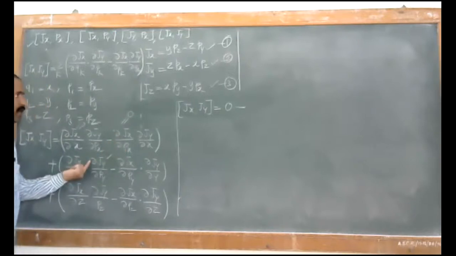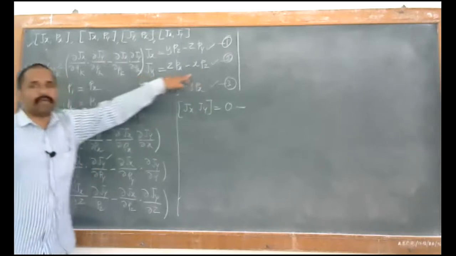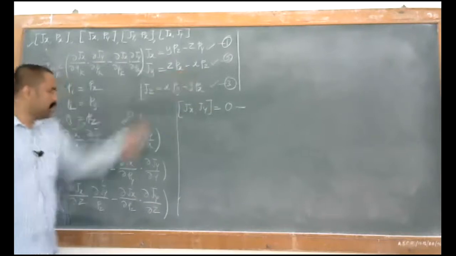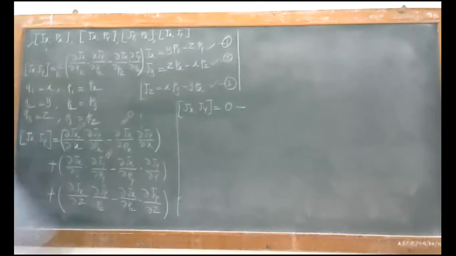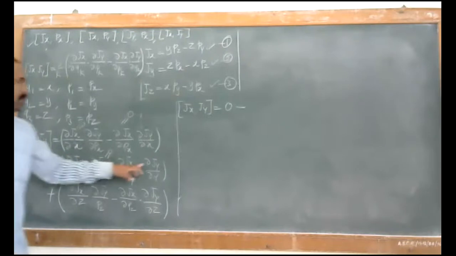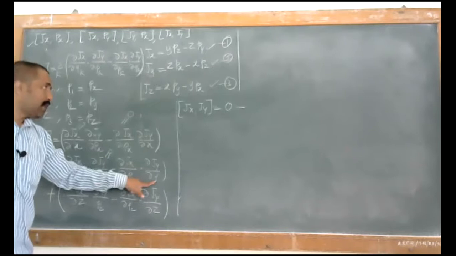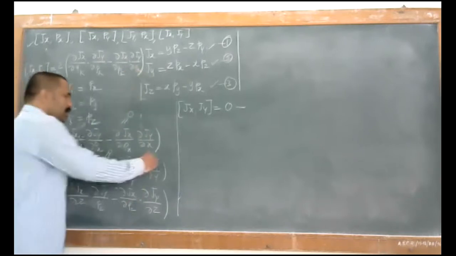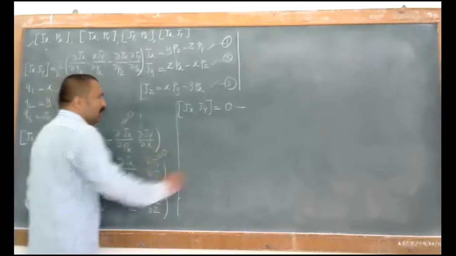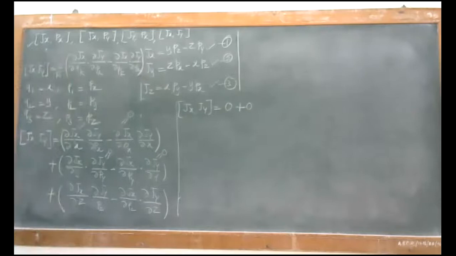Second thing, ∂jy/∂py. There is no py term here, so this condition comes out to be 0. Again the same thing: ∂jy with respect to y, in the second equation there is no y term, so this value also comes out to be 0, so the second bracket is also 0. Now look at the third one.